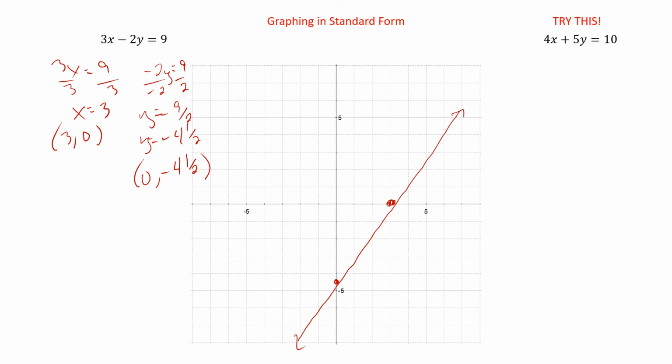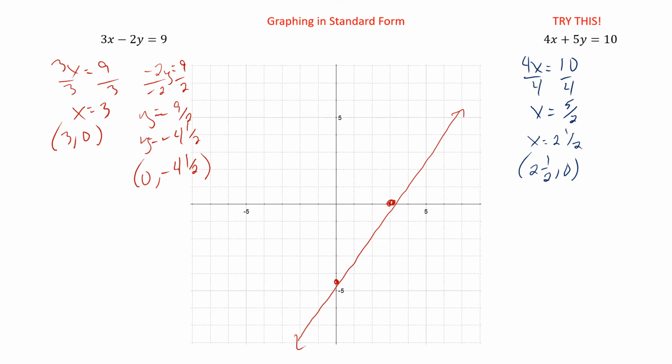I'm going to use the same graph, just switching to blue. So we can make y equal to 0. So we'll have 4x equals 10, divide by 4. So x equals 5/2, because we can divide each of those by 2, which is 2.5. So that's going to be 2.5, comma, 0.